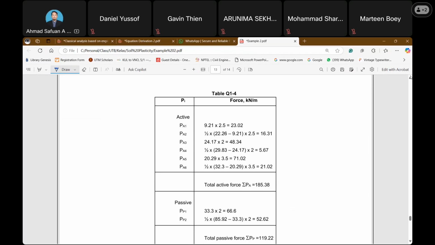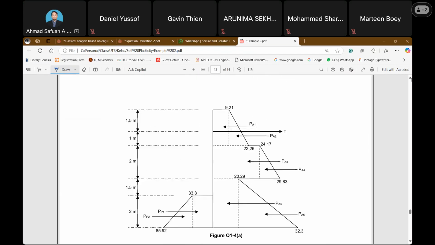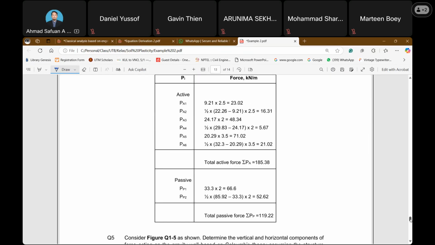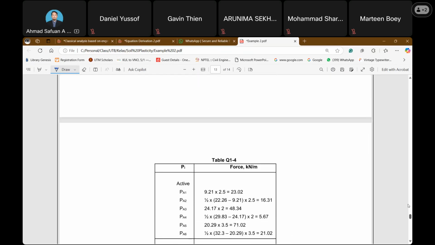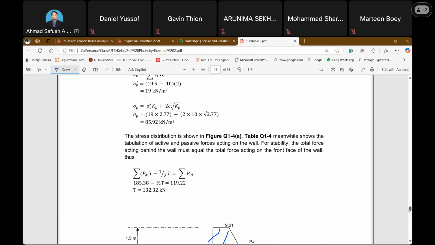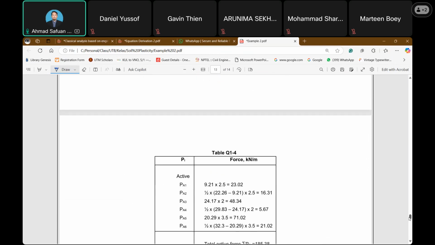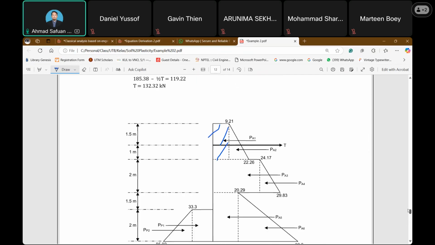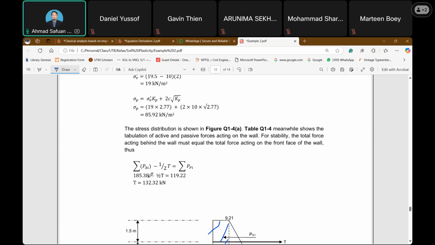So we calculate for the first area, continue with the second, and for the passive, we only calculate for the 2 areas only. Once we obtain the values for the active and passive, we put them in these equations.